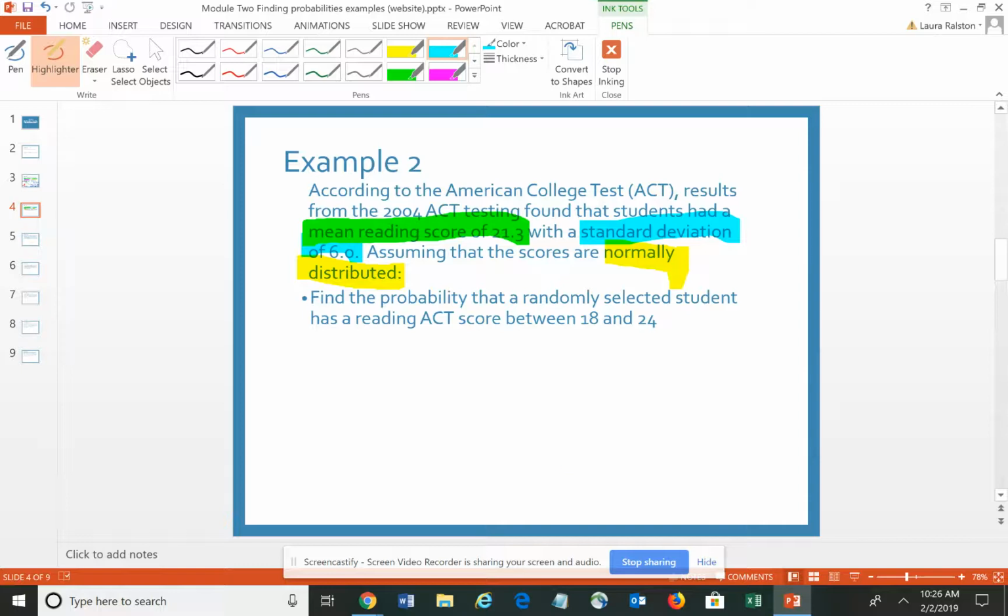You have to know those 3 things. Then it asks us what's the probability that a randomly selected student scores between 18 and 24. So again in symbols we would have X is approximately normal with a mean of 21.3, standard deviation of 6.